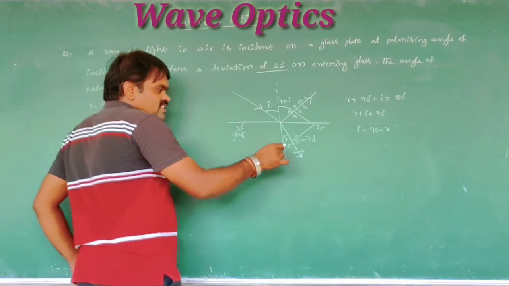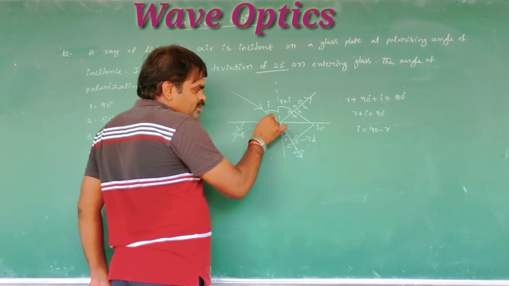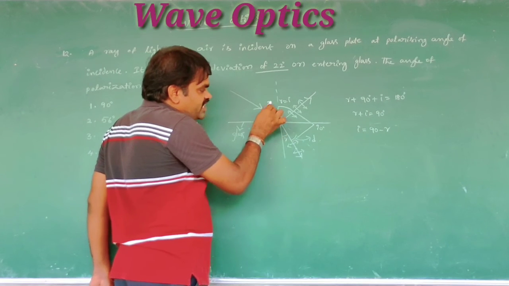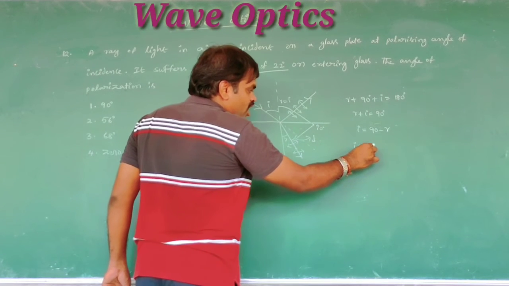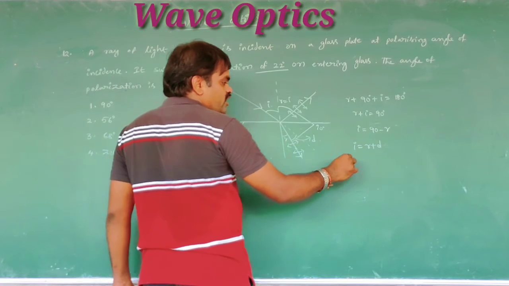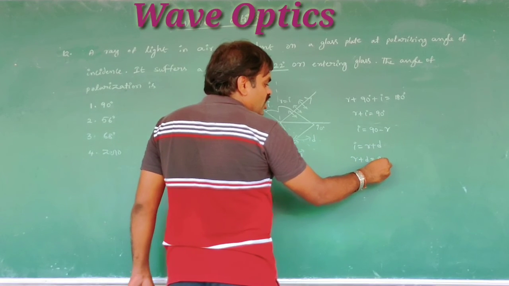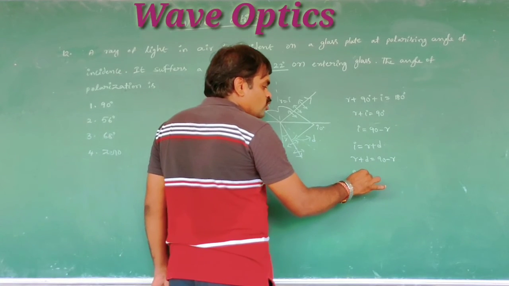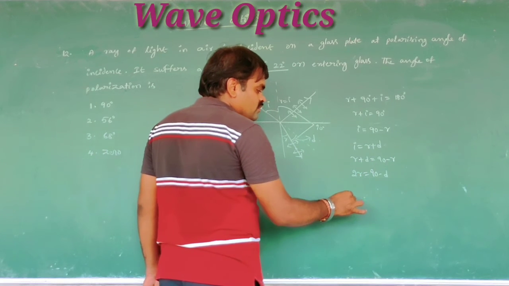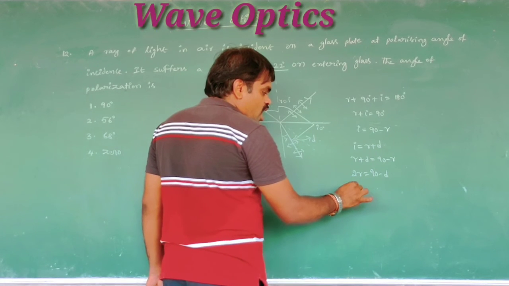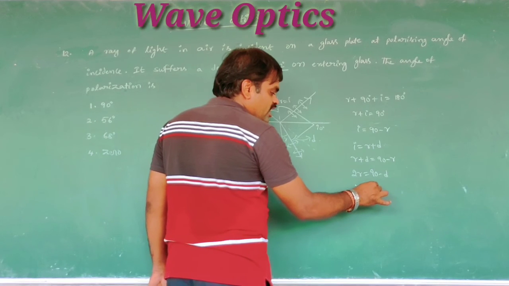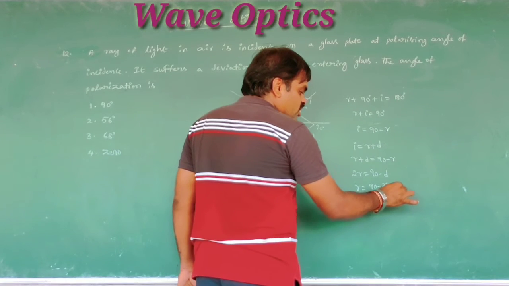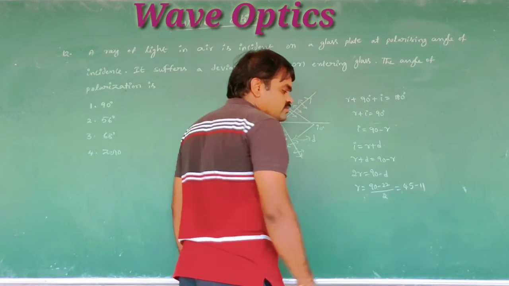Now from the figure, this is the deviation. Here there is no glass. At that time, the angle of incidence I must be equal to R plus D. Then we substitute: R plus D is equal to 90 minus R. Then 2R is equal to 90 minus D. That is R is equal to (90 minus 22) by 2, that is 45 minus 11.